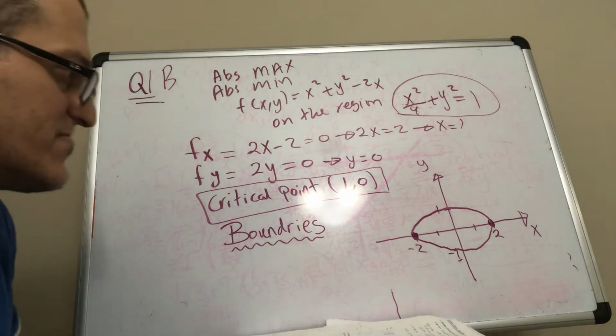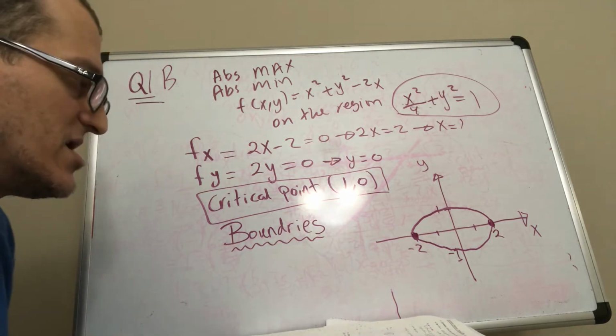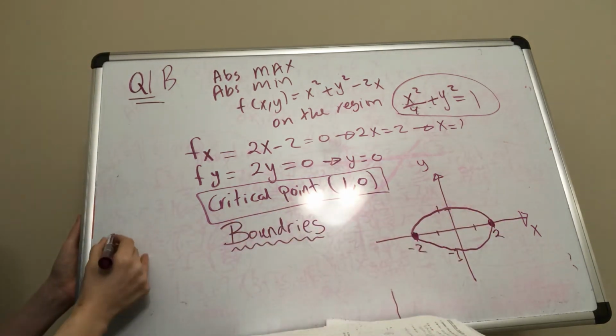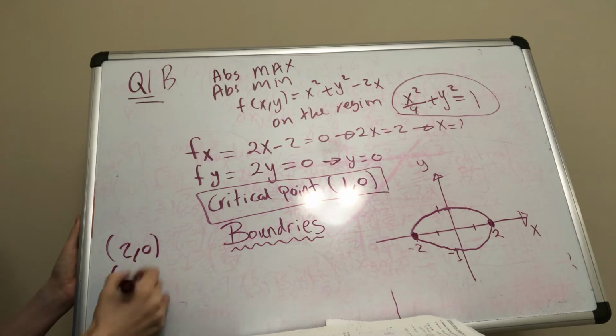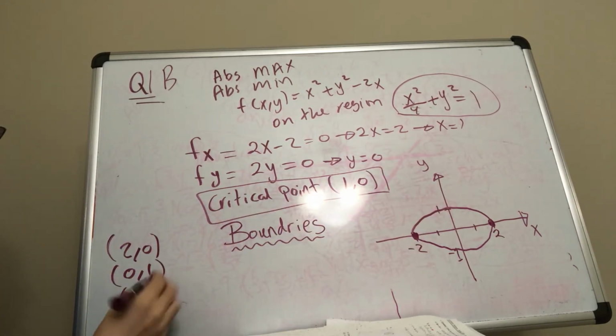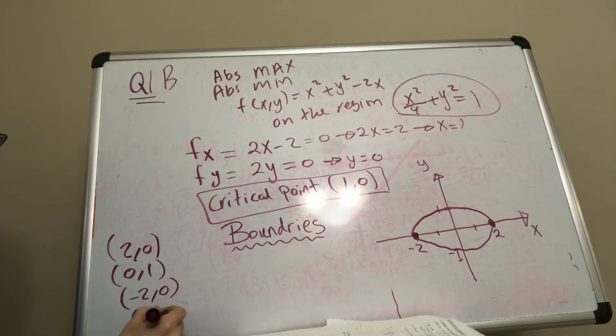So once you have this, the boundaries for the system are: this point is a boundary, 2, 0. This point is a boundary, 0, 1. This point is a boundary, minus 2, 0. And this point is a boundary, 0, minus 1.